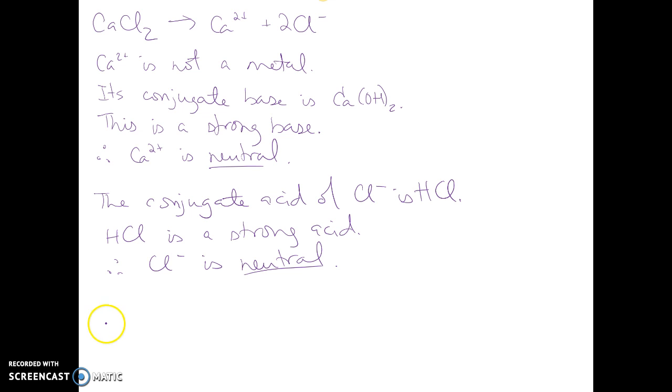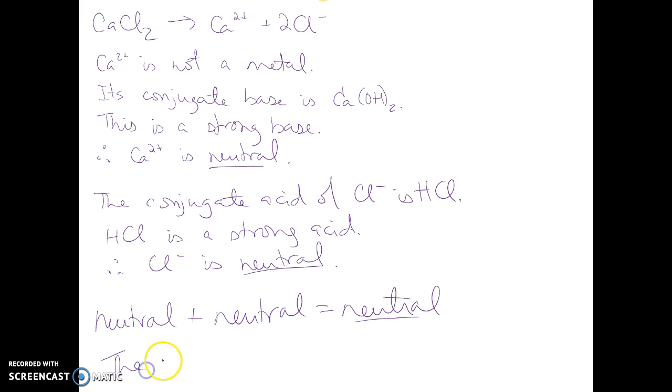Now we can add these up, and once again, just like the first example, neutral plus neutral equals neutral. The solution is neutral. I hope that this tutorial and the accompanying guide is helpful for you as you study for exam number 1.